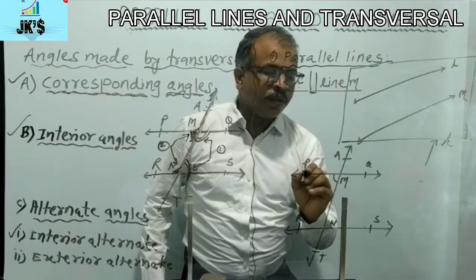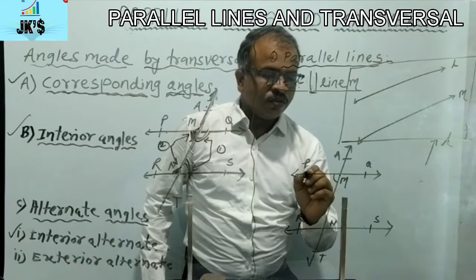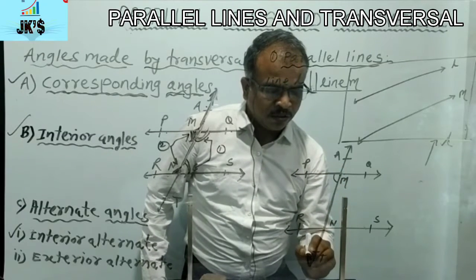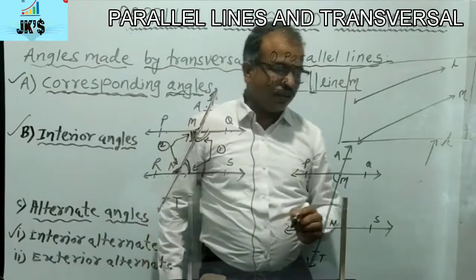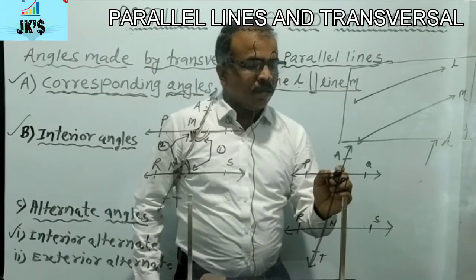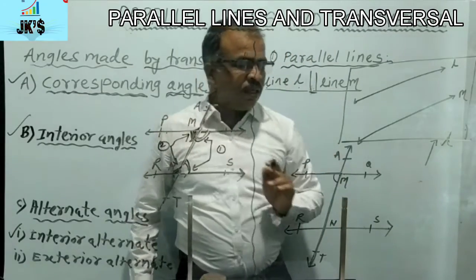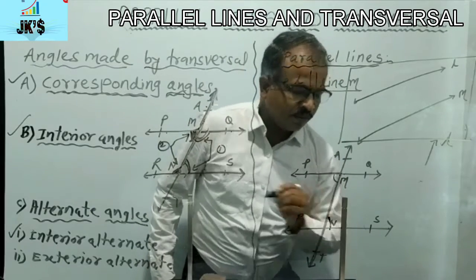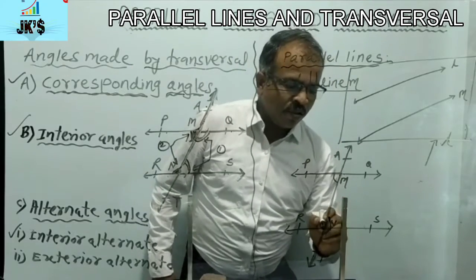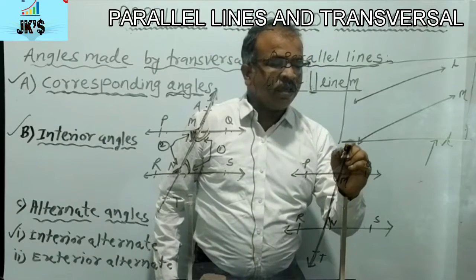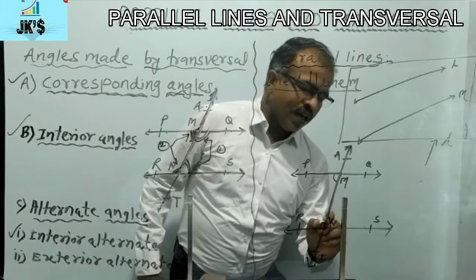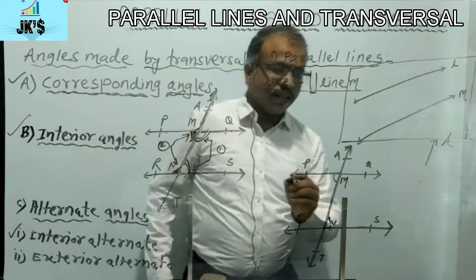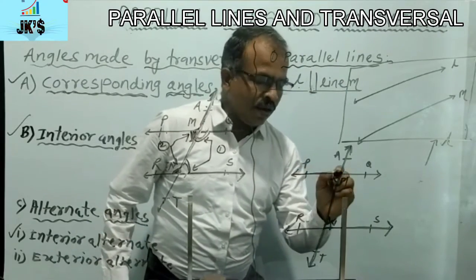Suppose consider this angle PMN. The arm on the transversal is in the downward direction and the remaining arm is on one side of the transversal. And this other angle: the arm on the transversal is in the upward direction and the remaining arm is on the opposite side of the transversal. See this, PMN.